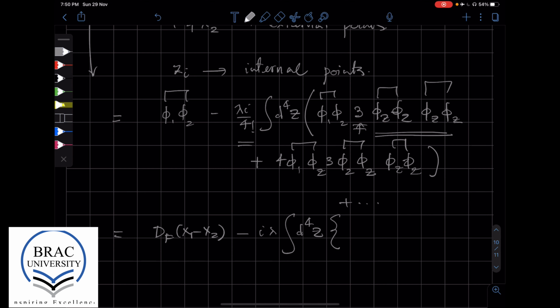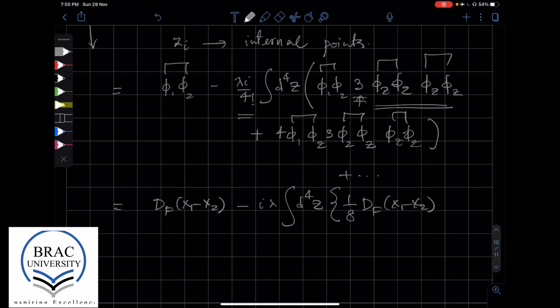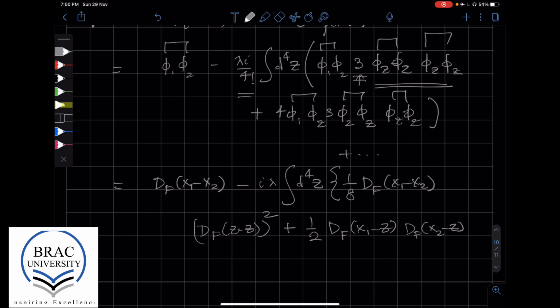And the first term is going to have a numerical factor 1 over 8, D Feynman of x1 minus x2 times D Feynman of z minus z squared, and then we'll have plus half D Feynman x1 minus z, D Feynman x2 minus z, and then times D Feynman z minus z.